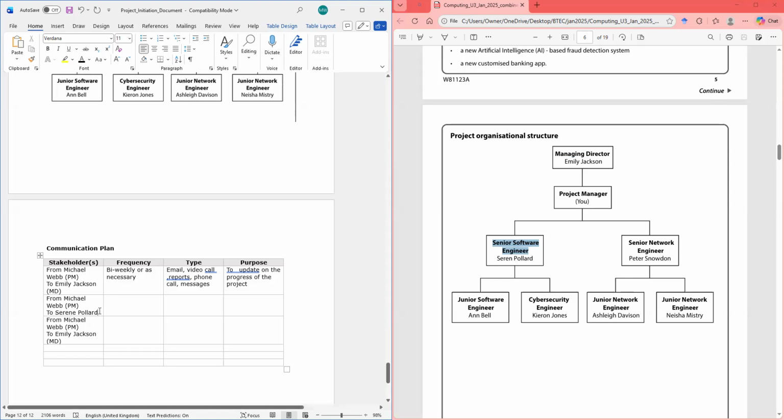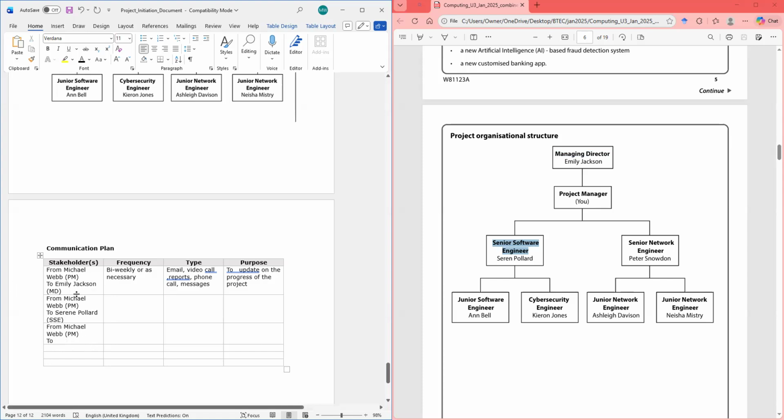She's a senior software engineer. You don't have to do it this way.